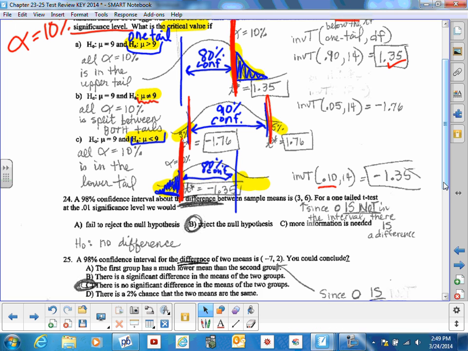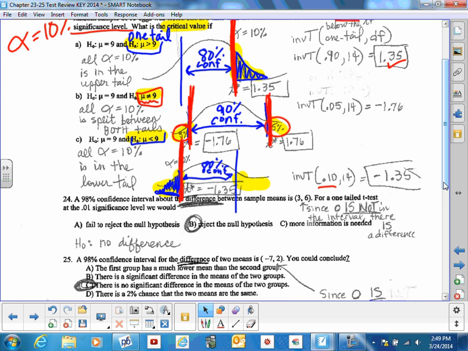B, with the 2 tails, is where it differs. Because if you have 2 tails, then the 10% is split between those 2 tails, and you have 2 critical values. The lower one at inverse t of 1 tail, and the upper one. Okay? Now, this question was not asked, but it's an extension.